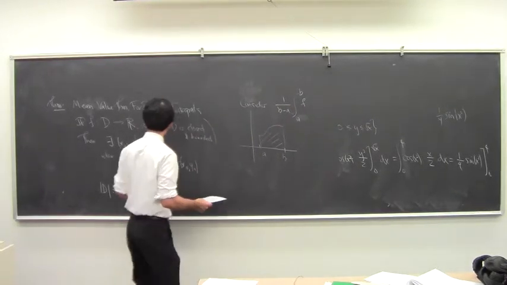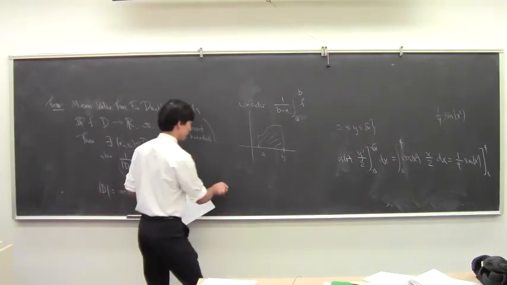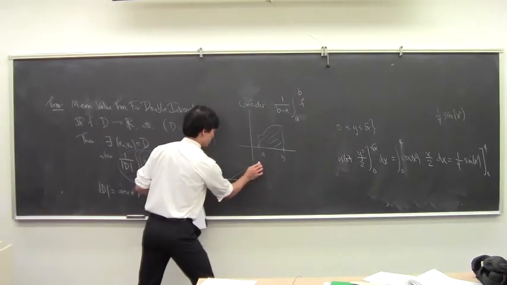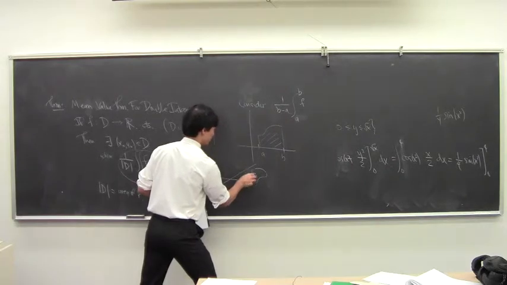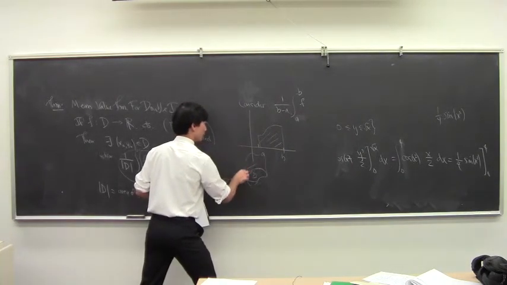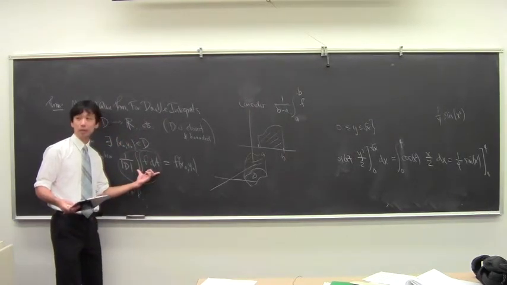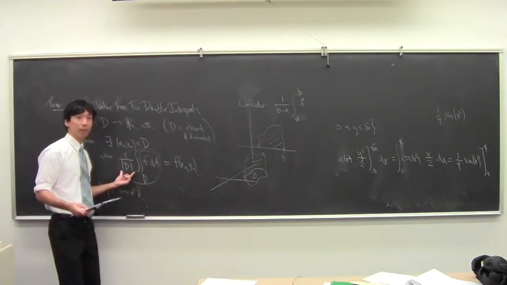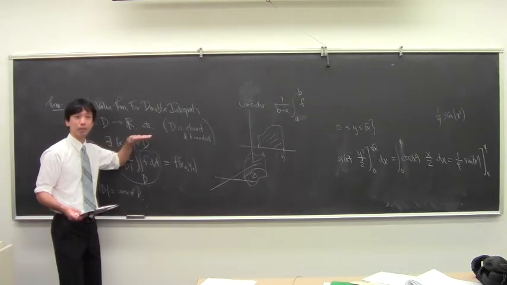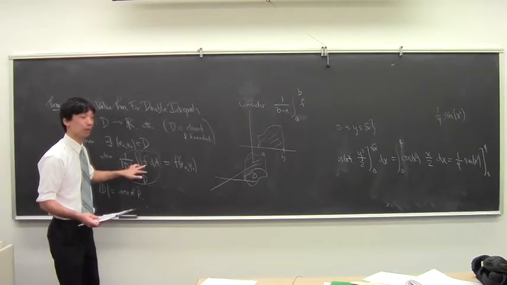Similarly, for this thing here, I have some region D, and I have some volume above it. I divide that volume by the area of the base, and I'm going to get the average height. So the mean value.